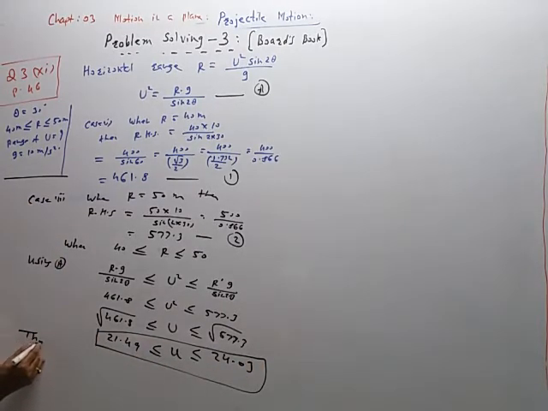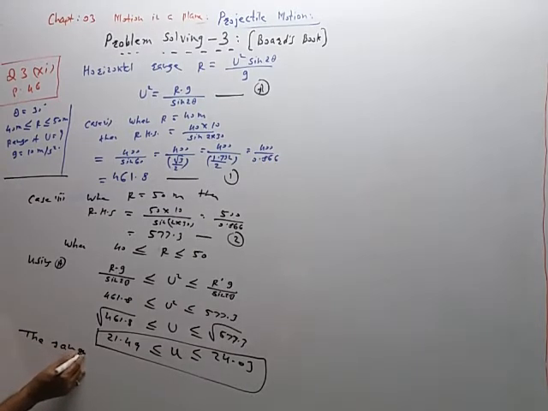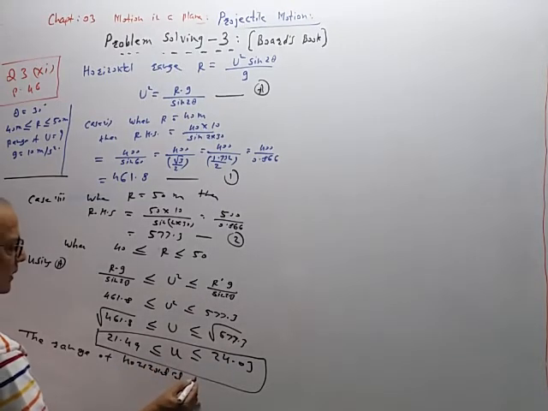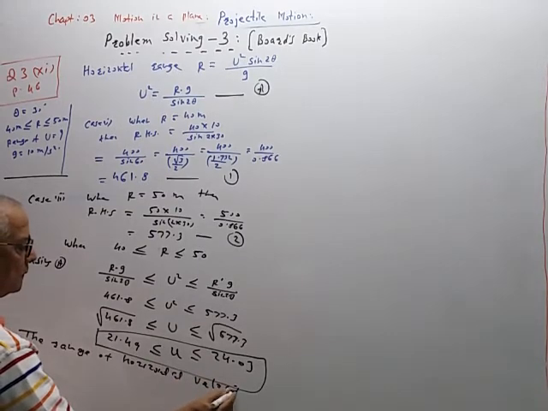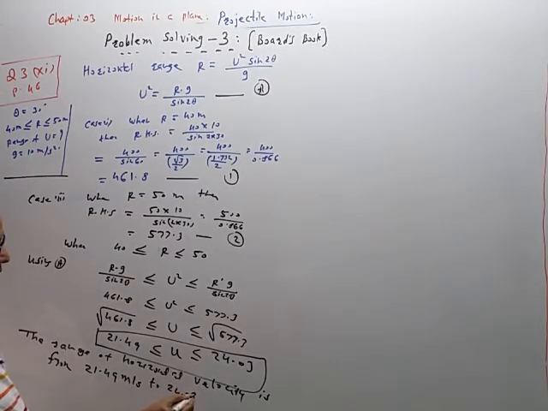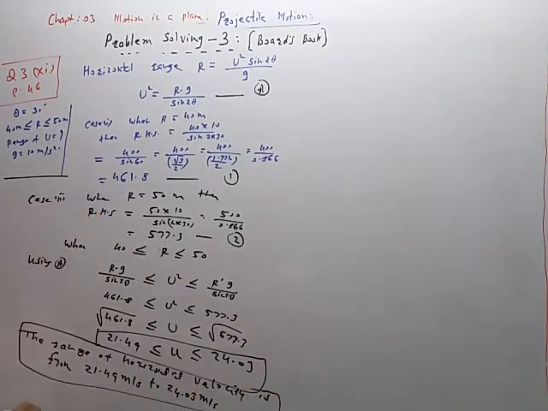The range of horizontal velocity is from 21.49 meter per second to 24.03 meter per second. So for the range of the projectile from 40 meter to 50 meter, the range of the velocity should be like this.